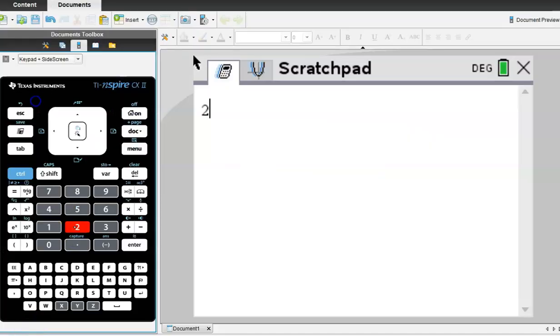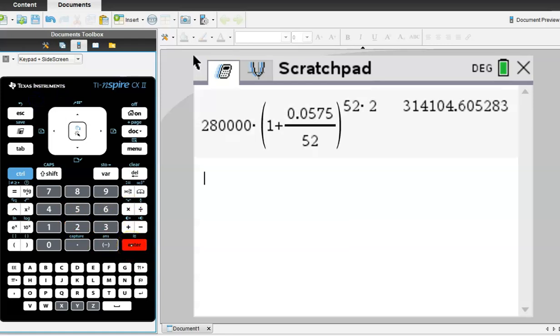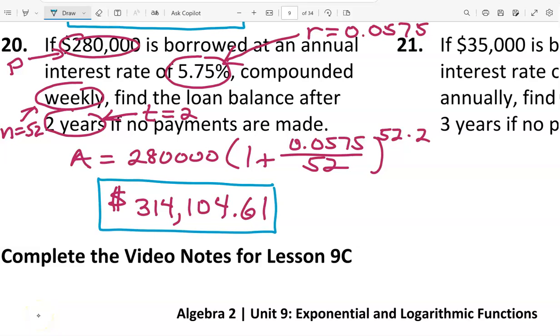Entering that in the calculator, 2,800 times open parentheses 1 plus 0.0575 divided by 52, cursor to the outside of the parentheses, use the caret key for an exponent, raised to the 52 times 2 power. Enter that, and we get $314,104.61, rounded to the nearest penny.